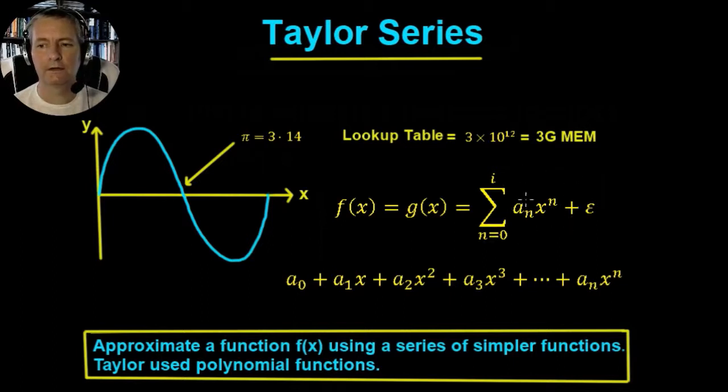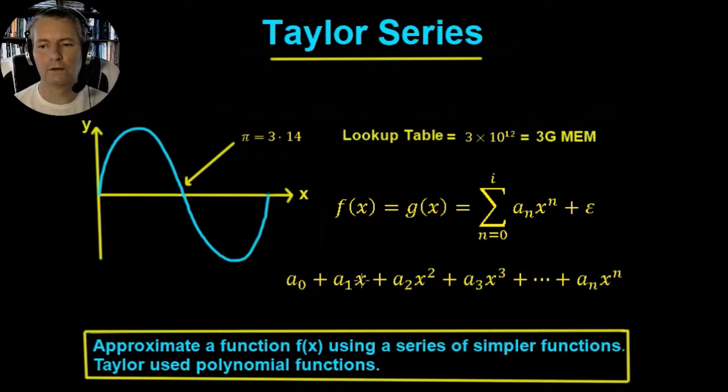If we were to expand the summation out, we would have a0 plus a1 x plus a2 x squared plus a3 x cubed, and so on, all the way up to a_n x to the n. So our central contention here is that I can approximate this sine function by adding up these other functions.